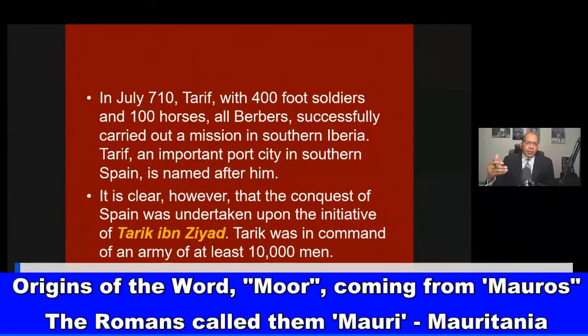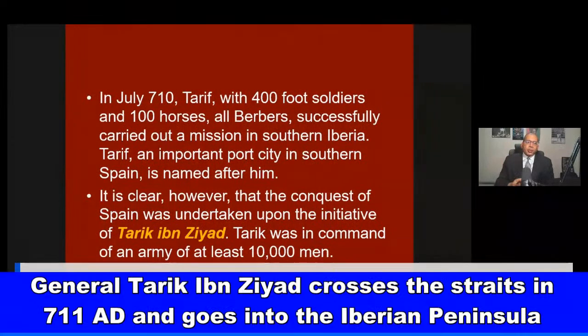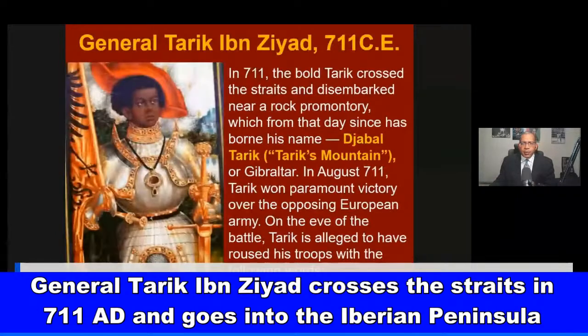In July 710, Tarif, with 400 foot soldiers and 100 horses, all Berbers, successfully carried out a mission in southern Iberia. That was the reconnaissance mission, to get the lay of the land and see what's going on. Then Tariq goes in 711 AD. Tarifa, an important city in southern Spain, is named after him.